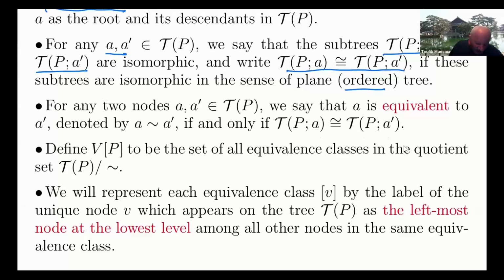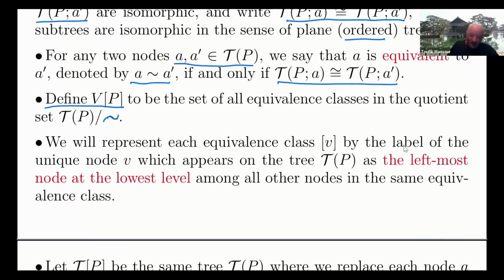So for any two nodes A and A prime in the tree, we say that A is equivalent to A prime if the subtrees are isomorphic. Now, this is the key: define V_B to be the set of all equivalence classes in the tree up to this isomorphic relation.